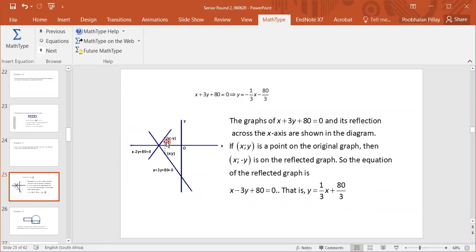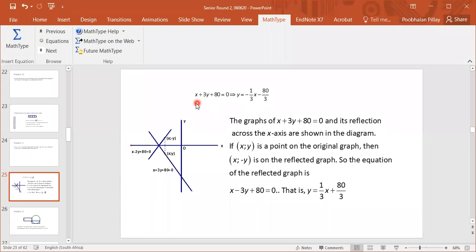The diagram is rather small, but the coordinates here are x, negative y. So it means that the y in this equation must be replaced by negative y to get that equation. See, that is the crux of the matter. The y in this equation must be replaced by negative y to get that equation.